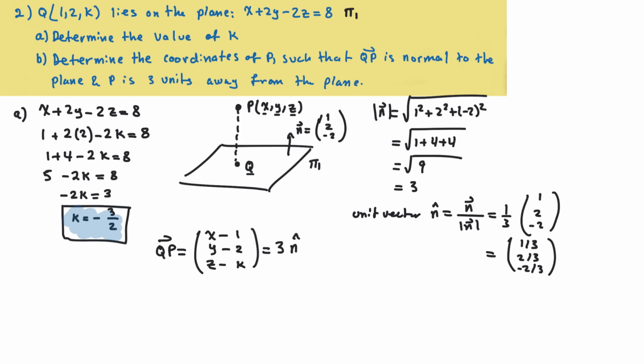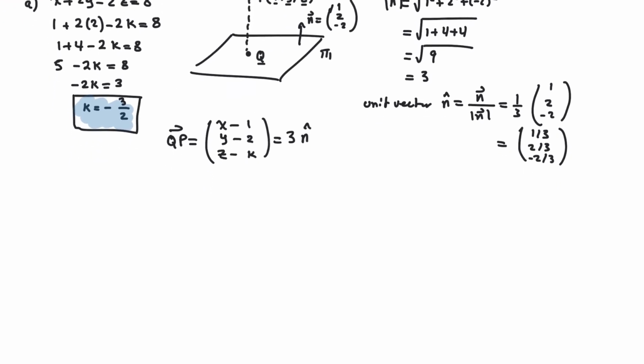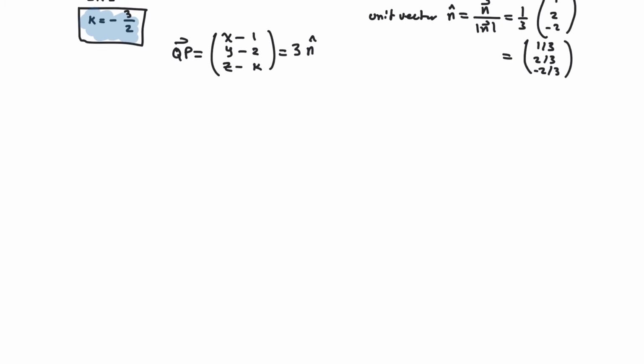I'm going to shift everything up, and we're going to continue to write our equations and derive the values of x, y, and z for point P. So we are going to have x minus 1, y minus 2, and z minus k, which we found to be -3 over 2, equal to 3 multiplied by the unit vector n, which is 1 over 3, 2 over 3, and -2 over 3.